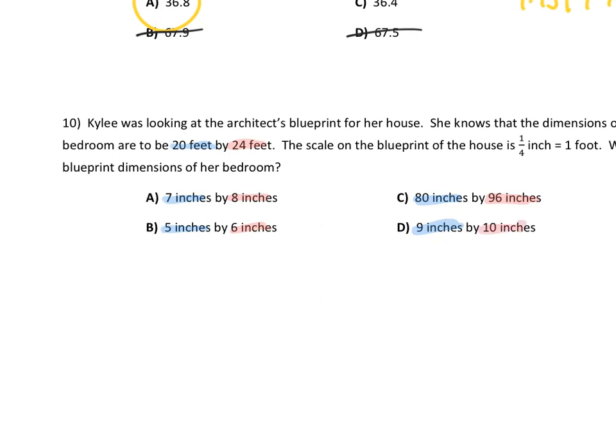All of these numbers, the first number on every one of these is different. We've got 7 inches, 5 inches, 80 inches, 9 inches. If I just use this one to solve for, that's all I have to do, and then I would be done. I don't really have to use that 24 feet. I'm not worried about that second number on there. I can do one thing to solve for. That will save me a ton of trouble.